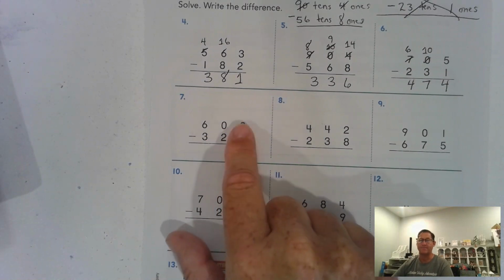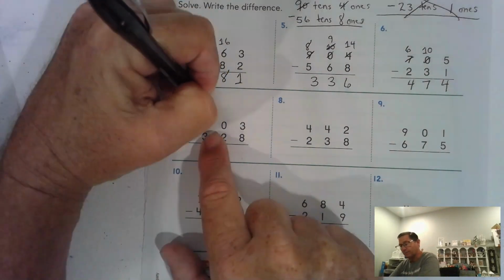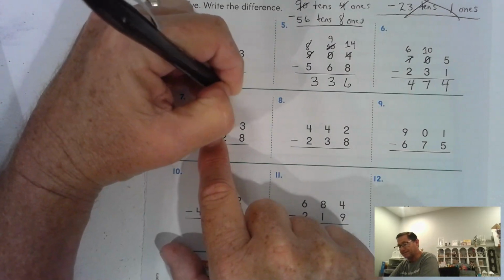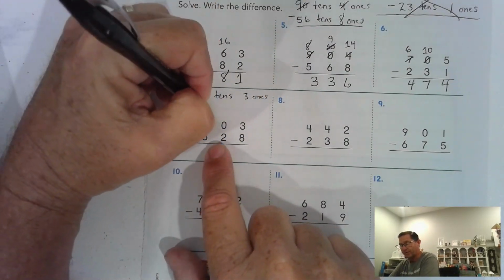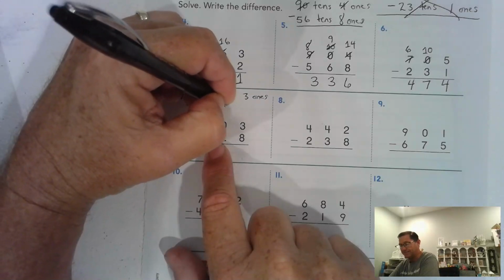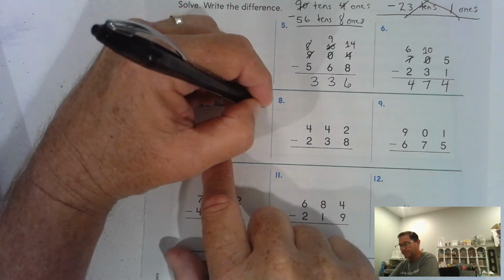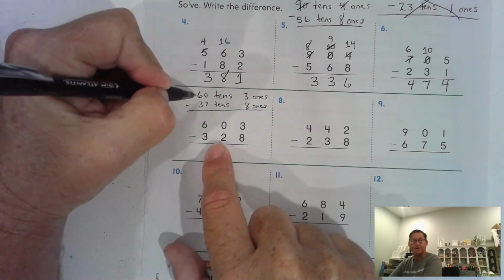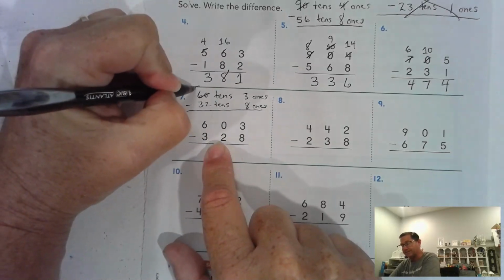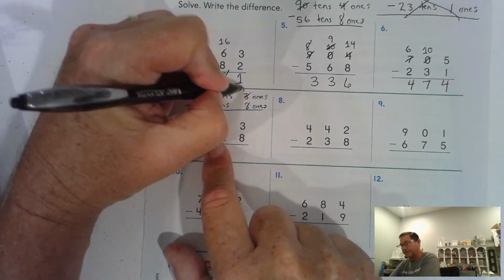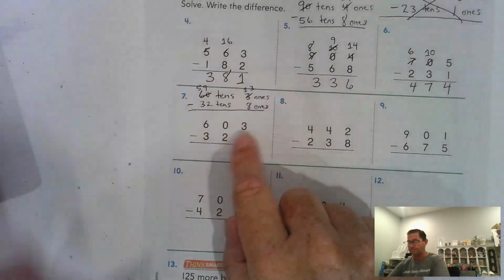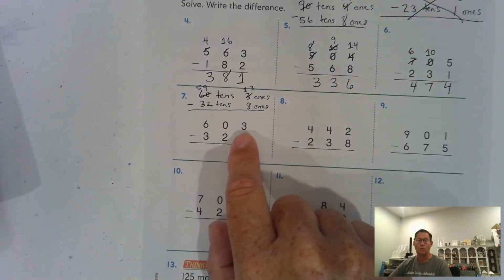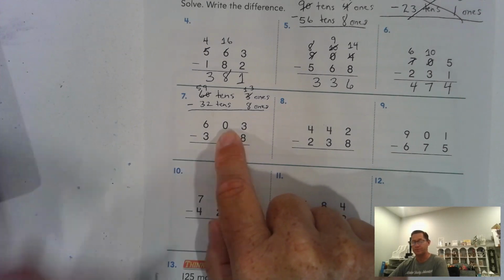Well, I can't take 8 from 3. So this one, it would work to think of it as 60 tens, 3 ones, take away 32 tens, and 8 ones. Okay, so here we would trade one of the 60 tens for 10 ones. Okay, so I need to get more ones, but there aren't any tens to regroup.